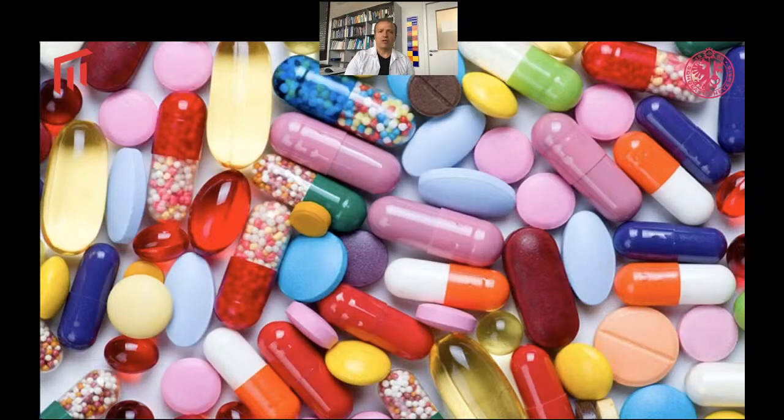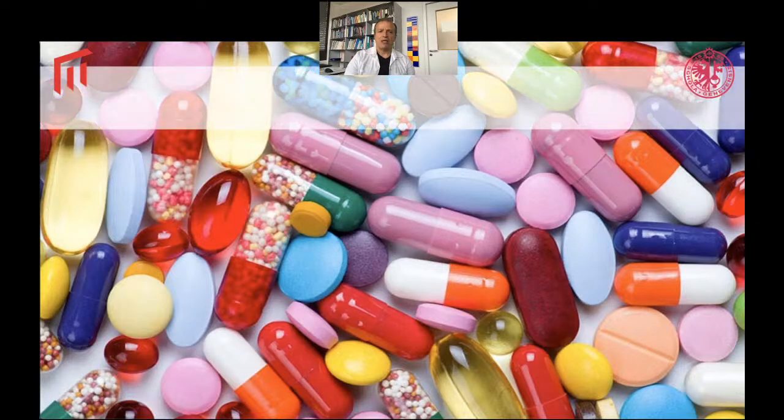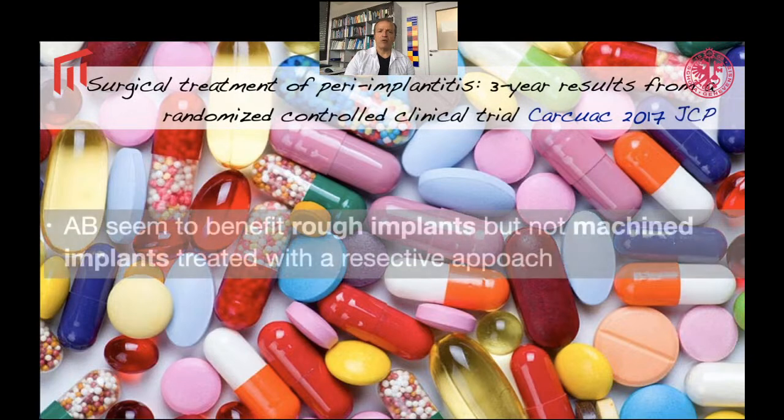It is common to use antibiotics when we do peri-implantitis therapy. However, a study from Sweden has addressed that in a systematic way and has shown that antibiotics seem to be beneficial for rough implants, but not for machined implants when treated with a resective approach.